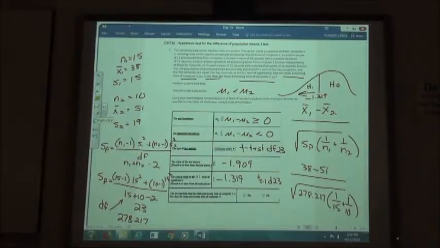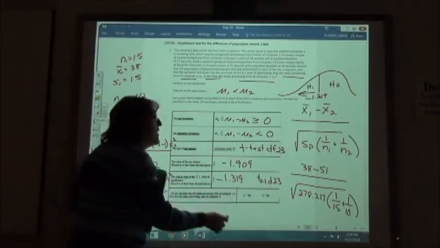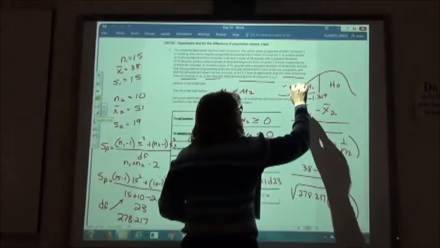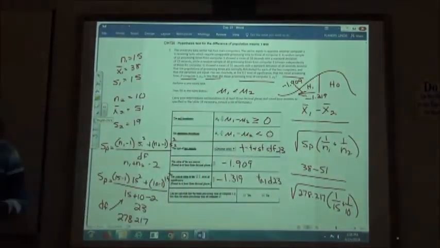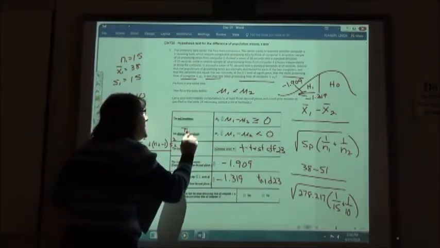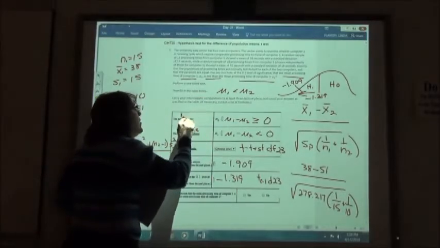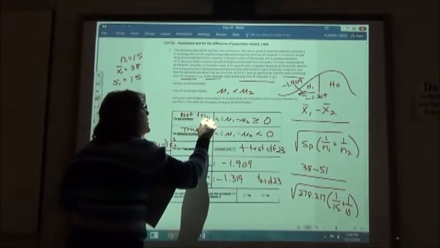It's on the left side, right? This is smaller than this is. So my negative 1.909 would fall in that section there on the left side. That means that my alternative hypothesis is the true one, the null is the one that's not true.